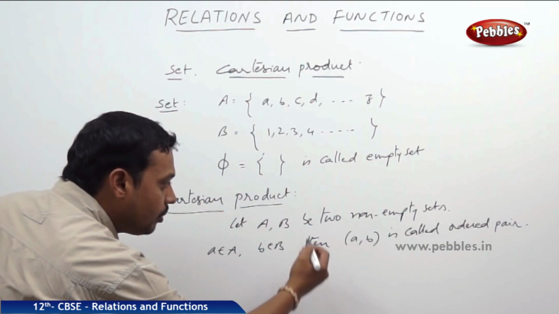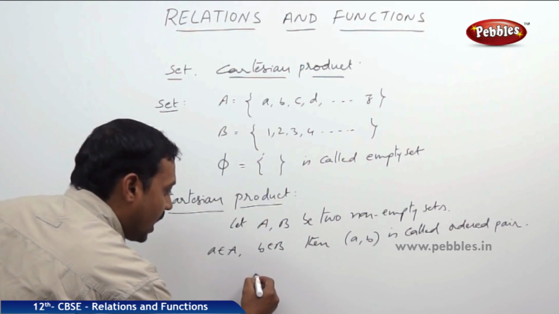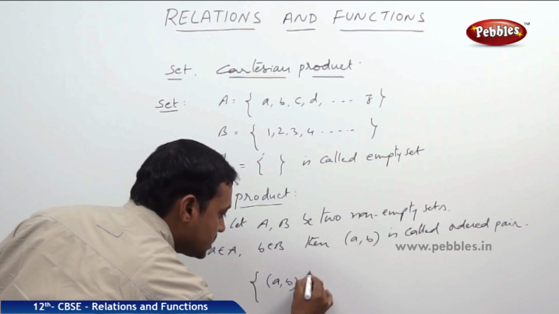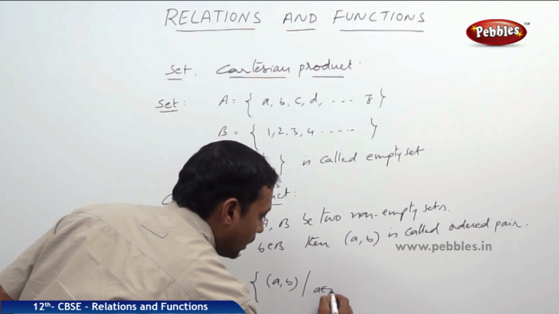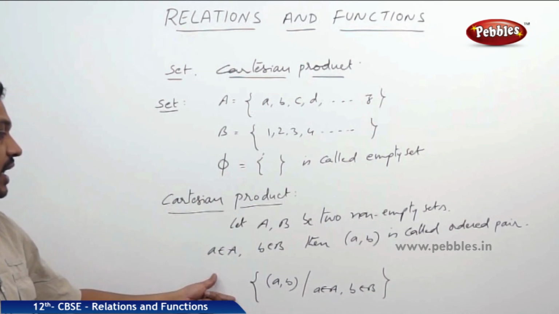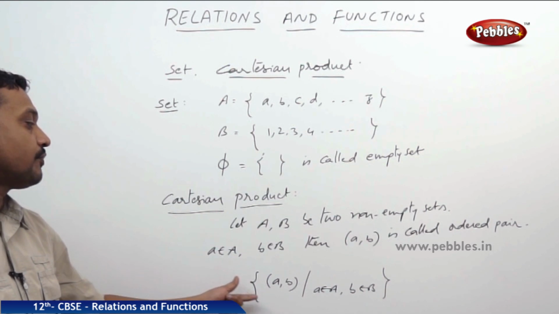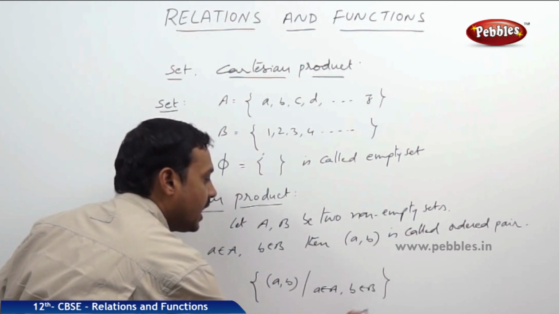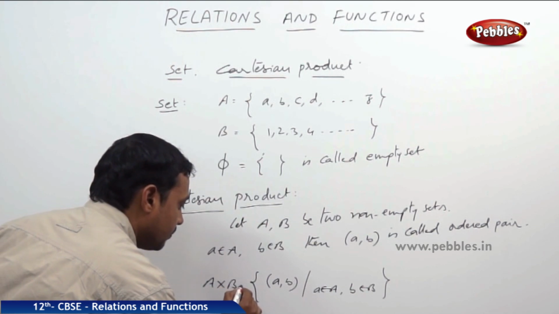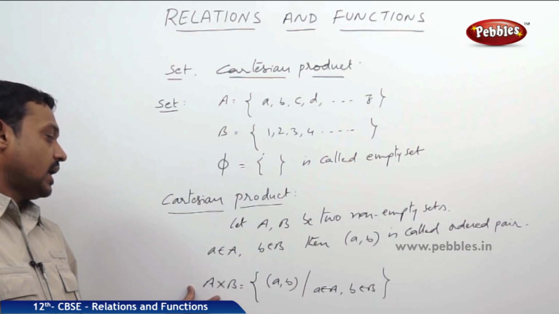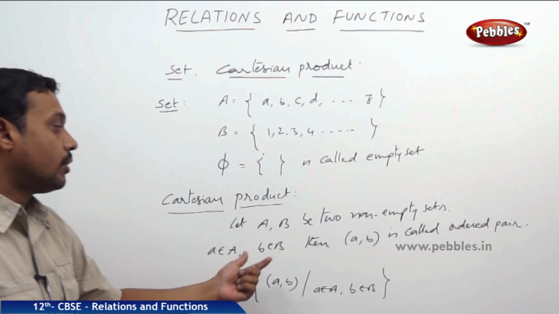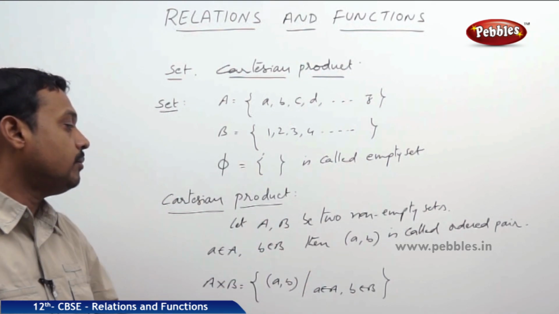So I am writing it in set builder form like this: the collection of the ordered pairs (a, b) where a belongs to A and b belongs to B. Now it is a set, a collection of all possible ordered pairs defined from A to B, known as a Cartesian product, which is denoted by A cross B. So A cross B is a Cartesian product defined from A to B and it is the collection of all possible ordered pairs defined from A to B.